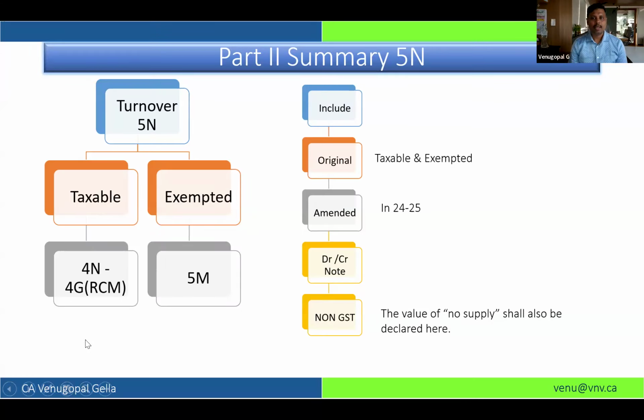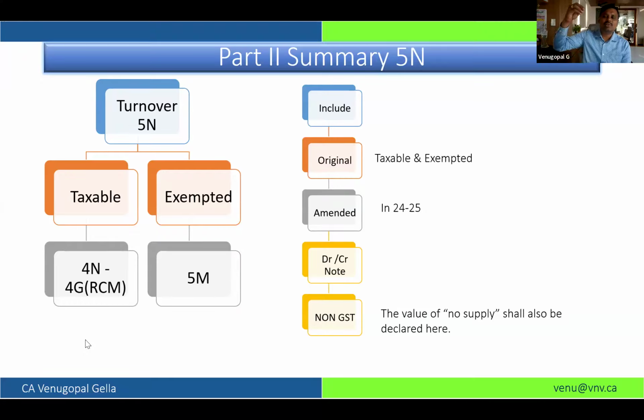Yeah. So in your part 2, 5N, in fact, someone asked the question, what is my turnover? What is this turnover I should be including? In fact, this slide is a classic example that you should be including all the turnover. And when we say all the turnover, it is taxable, exempt.